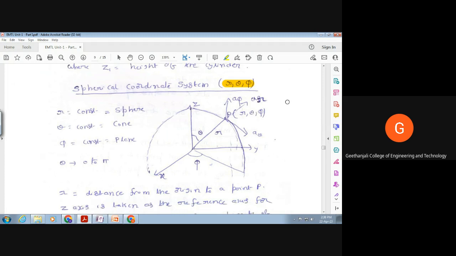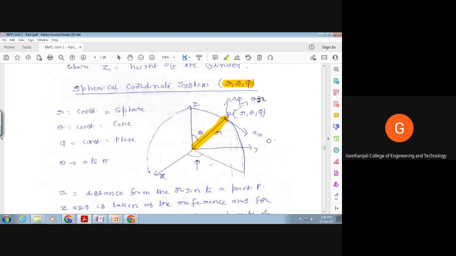Now let us see what this R indicates. R is the distance from the origin to any point P. In this case, this is R. It is something like, imagine any spherical surface and assume that the center of the sphere is the origin.